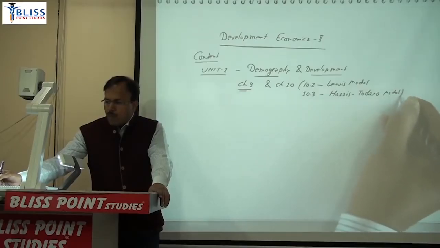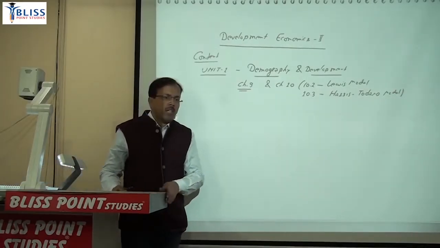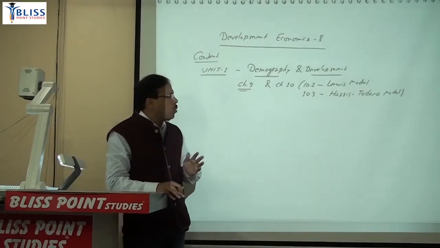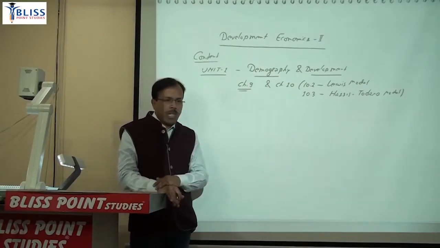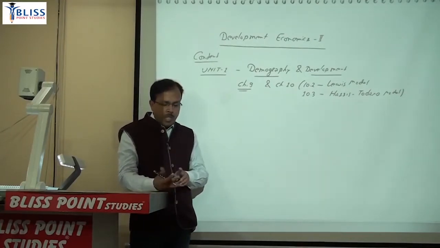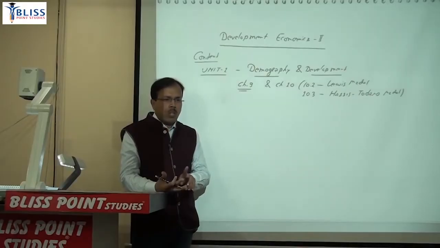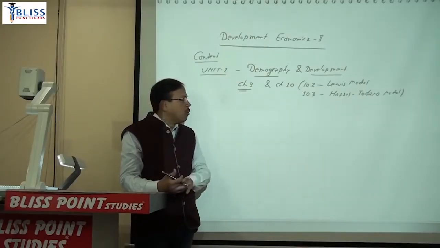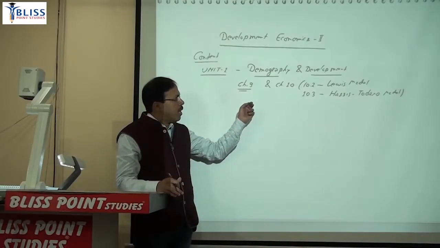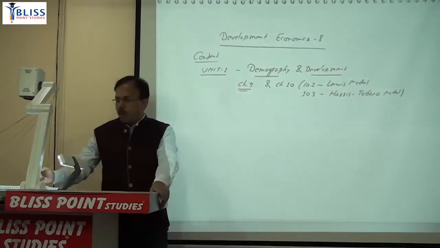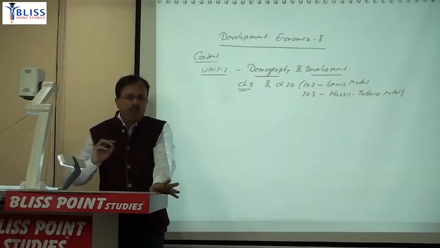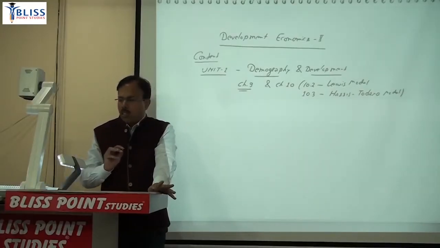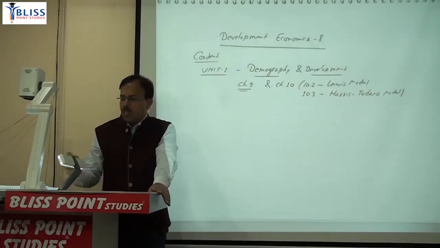So as compared to semester 5, in which there was also a growth model, but that growth model was based upon capital accumulation. It was basically Harrod's model, Solow model, Harrod-Domar model and new growth model. But here we have to explain a growth model again, based upon labor, movement of labor from rural area to urban area, from agriculture to industry.